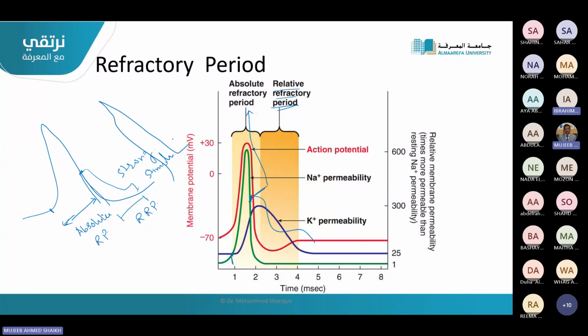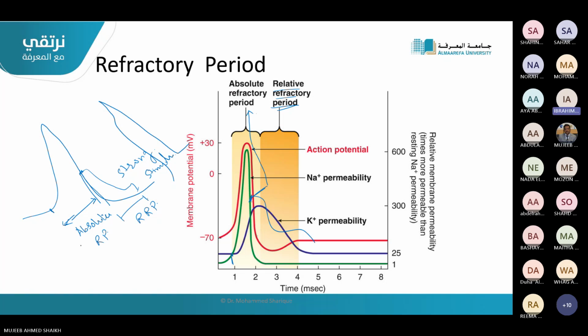In absolute, no second action potential by any means, by 100 millivolt, 200 millivolt, or 1000 millivolt current. In relative, yes, there can be a second action potential if the stimulus is stronger. Getting my point?